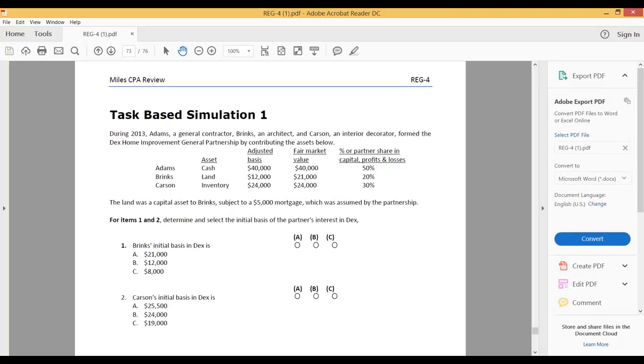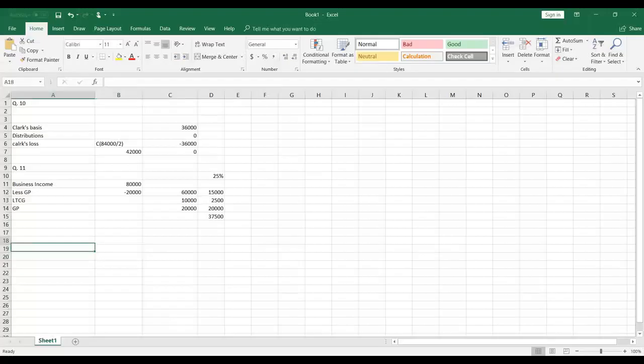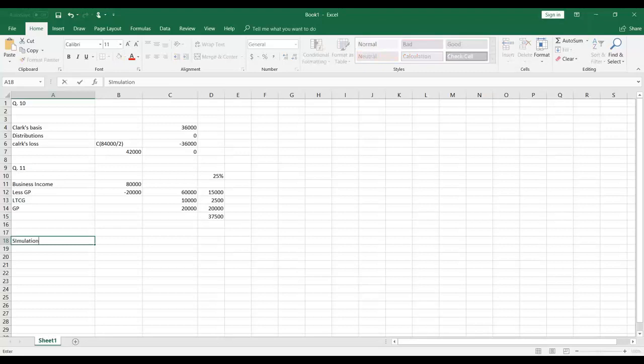So what is Brinks' initial basis? 12,000. Pardon me? 8,000. So how do you arrive at the 8,000 number? Basically, the land that Brinks has gotten has a mortgage of $5,000.